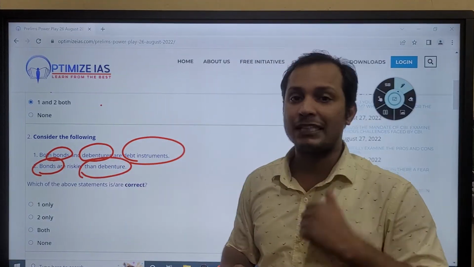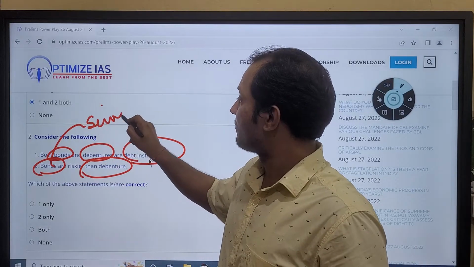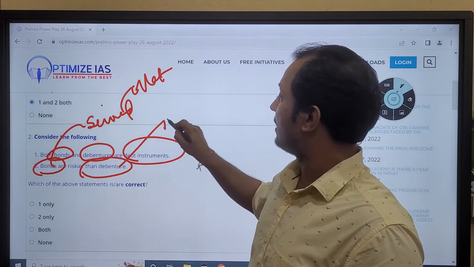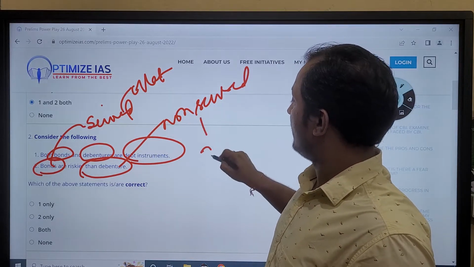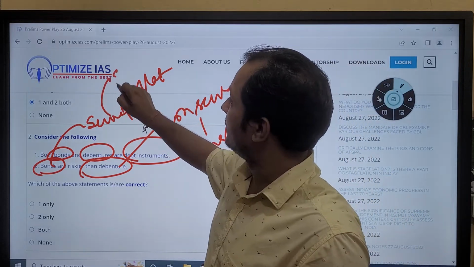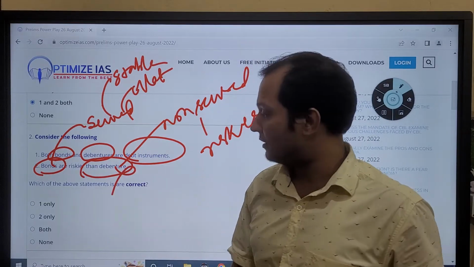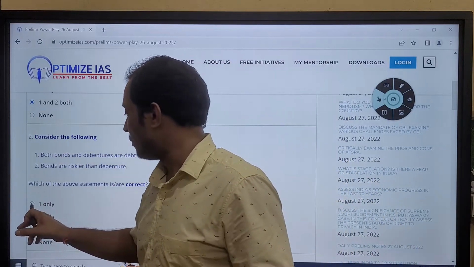This is an incorrect statement because generally bonds are secured by a collateral, whereas debentures are non-secured. Since they are non-secured, they are riskier, and since they are secured, they are stable. So the second statement is incorrect. Therefore, the answer to the question becomes 1 only.